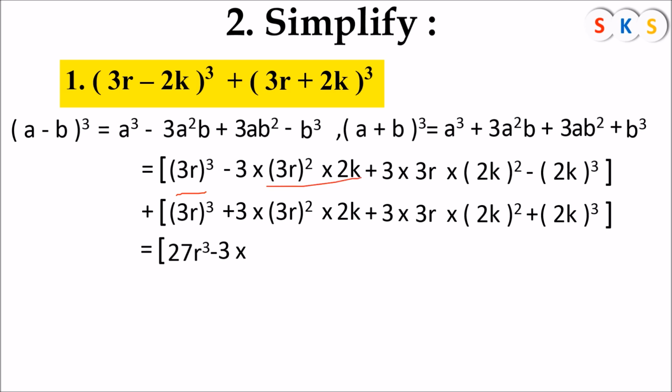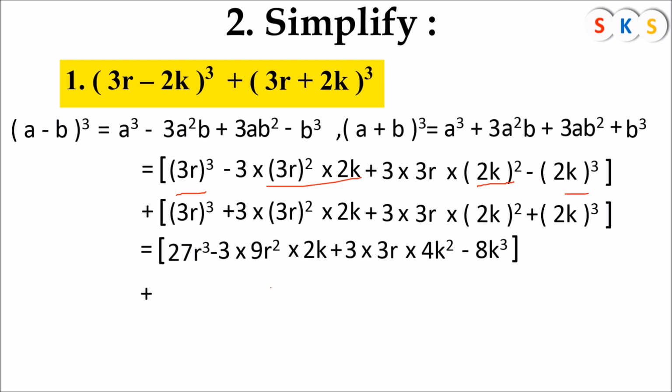What will we get for the square of 3r? We'll get 9r square into 2k, plus 3 into 3r into square of 2k. Square of 2k, what will we get? 4k square, minus cube of 2k. Here we have cube of 2k, so we'll get minus 8k cube.